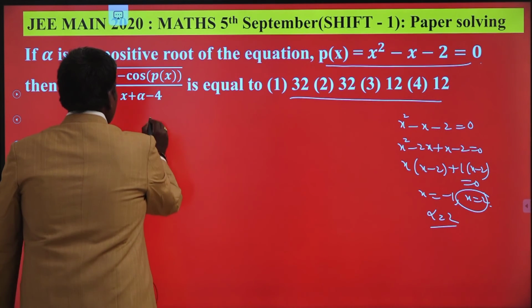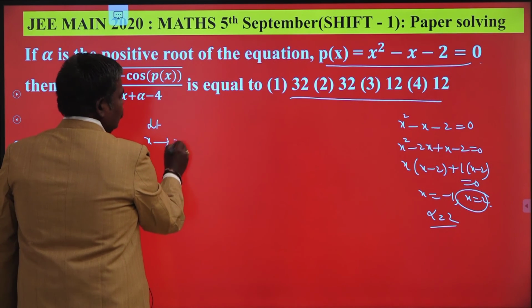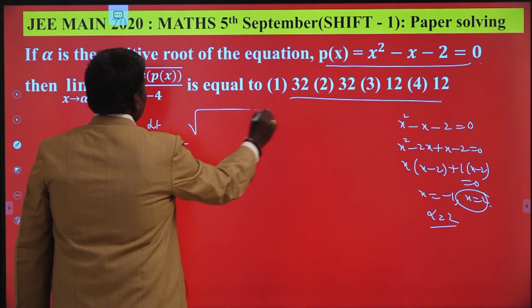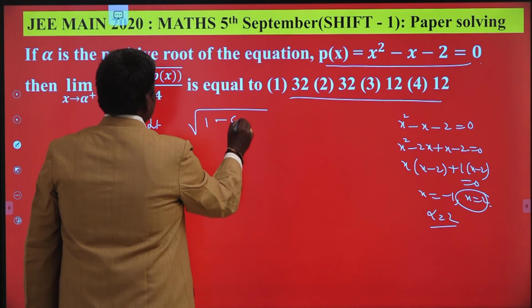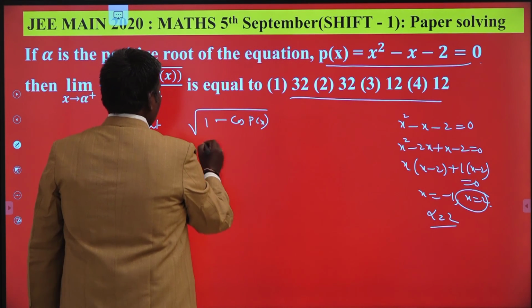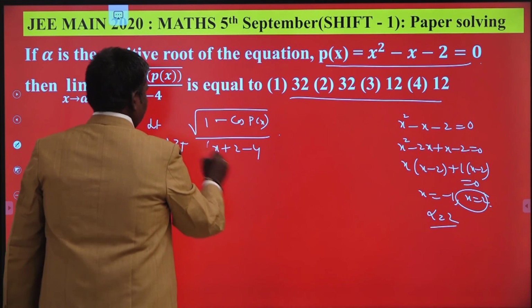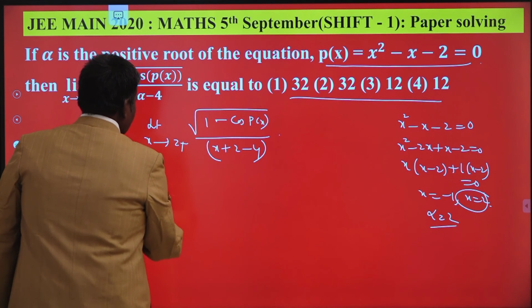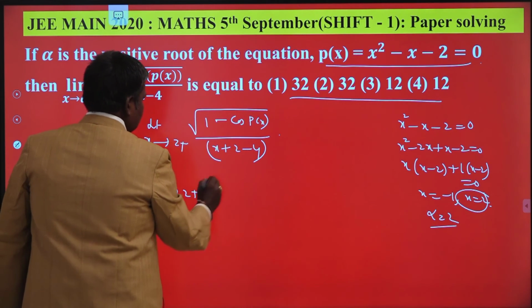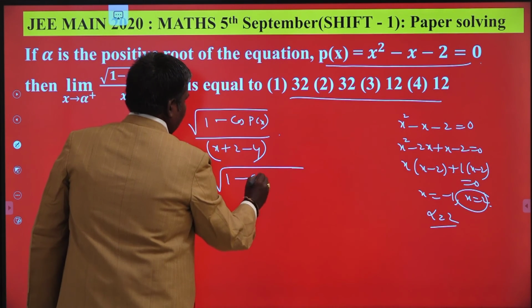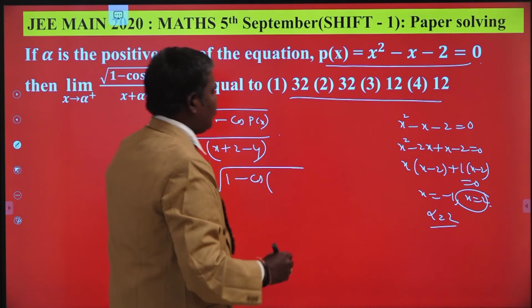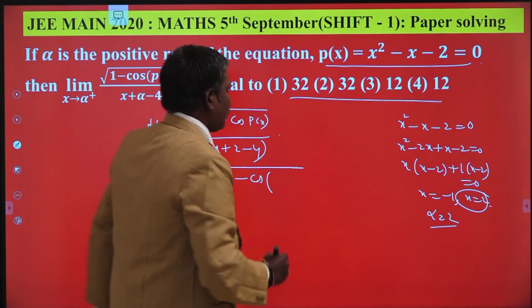Now we have to calculate limit x tends to 2 plus root of 1 minus cos P x, whole divided by x plus 2 minus 4. That means limit x tends to 2 plus square root of 1 minus cos of, what is your P x? It is nothing but x plus 1 into x minus 2.